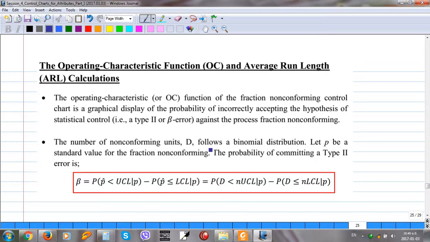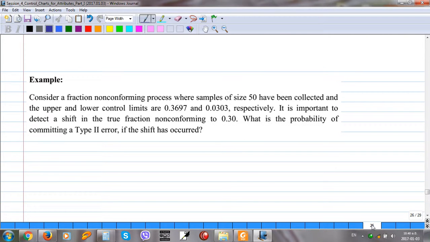And if you are finding the beta error and the probability of P, let P be a standard value for the fraction non-conforming. The probability of committing a type 2 error is, that's the equation, beta equals P hat less than UCL, minus the probability of P hat less than LCL. Either of these two equations you can use to find the beta error. So this is the example.